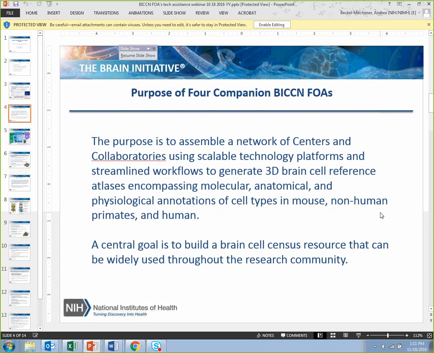The central goal is to build a brain cell census resource that can be widely used throughout the research community. The resource includes both data and tools developed by the BICCN.